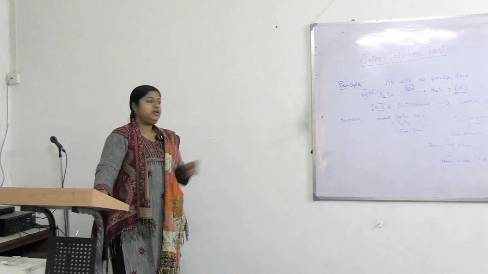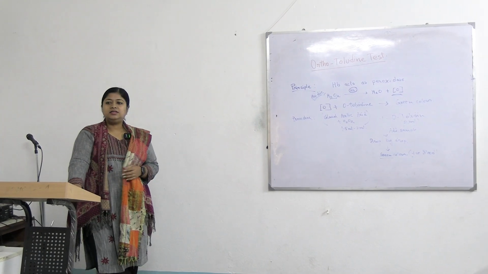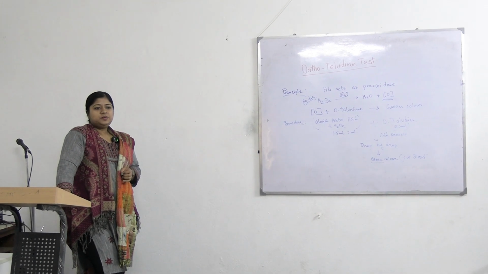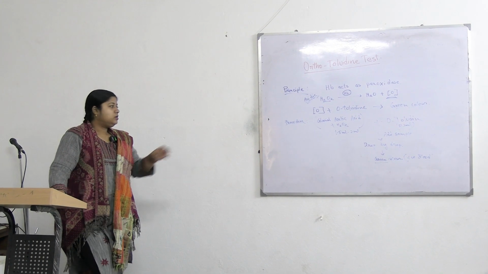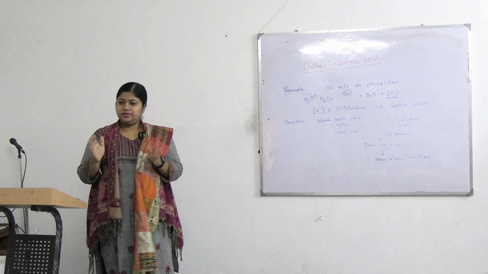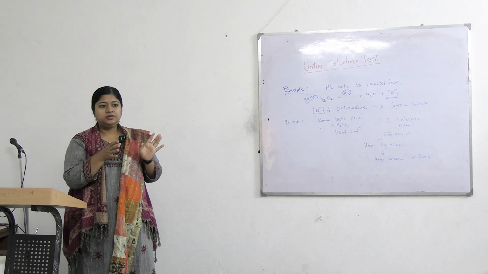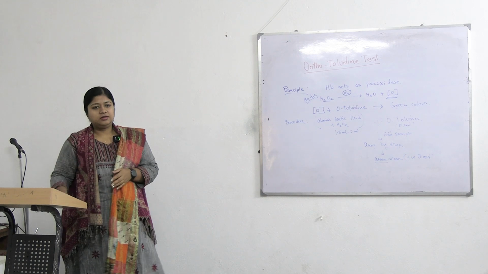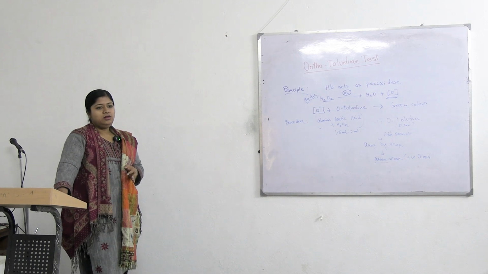So the observation will be color change to green, and that indicates presence of blood. So you have to write it in columns: procedure, observation and inference. Always write in columns.